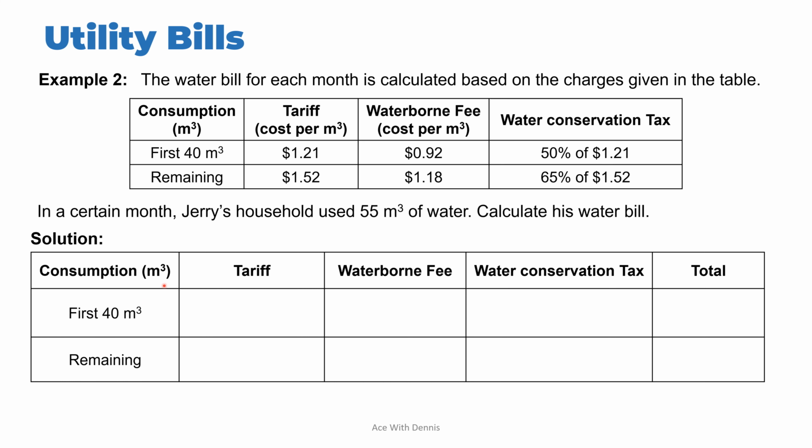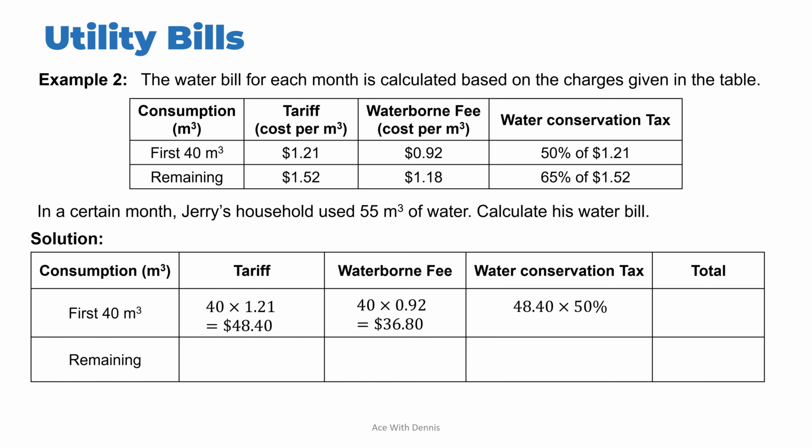So the first 40 meters cube, since Jeffrey's household used more than 40, so in the first column, we calculate the first 40 meters cube first, which is $1.21, so we get $48.40. Then followed by the water bond fee, so 40 times 0.92, which you get $36.80. Then the next one is the water conservation tax. So it's based on the usage.